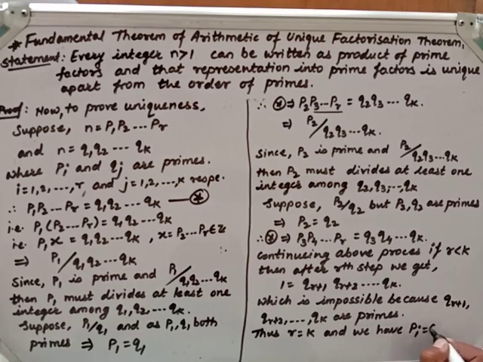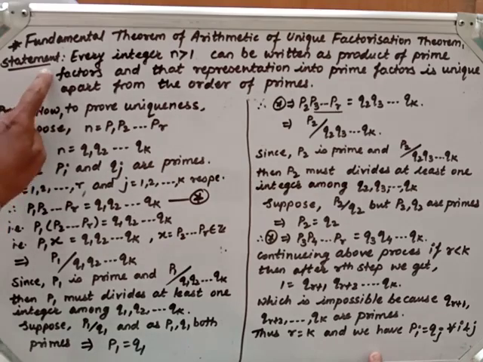And we have pi equal to qj for all i and j. So here our theorem is proved.